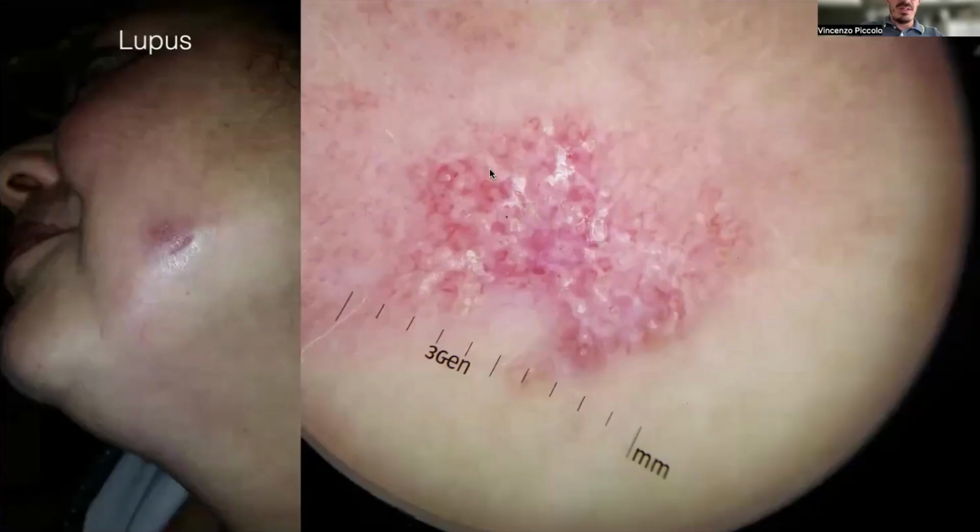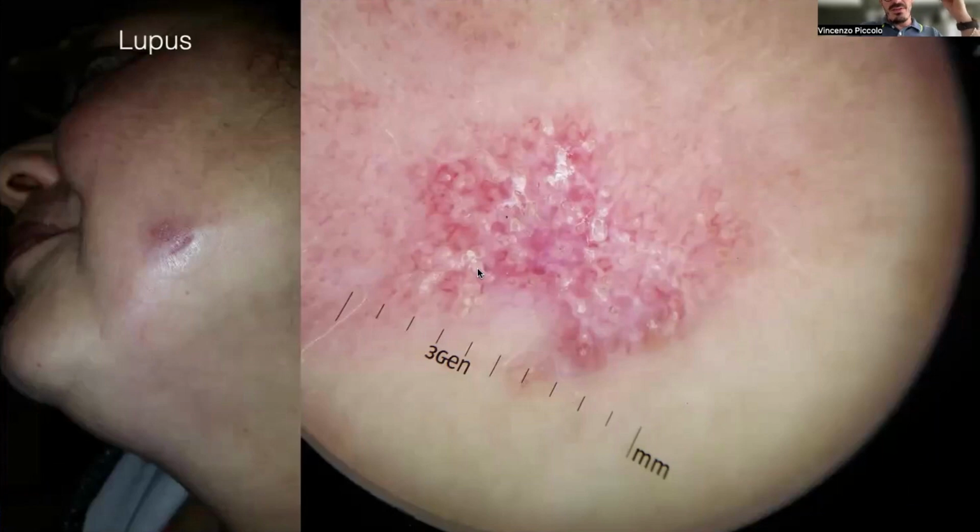Then we have other conditions that are rarer, such as lupus, in this case, a discoid cutaneous lupus with this atrophic erythematous scaling plaque, an isolated plaque of the face. In this case, I'm showing you also the dermatoscopy that for brevity I did not show in the previous picture.